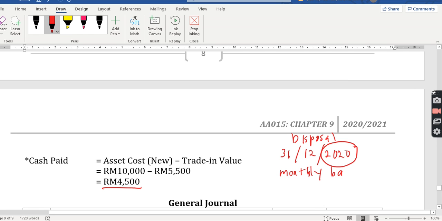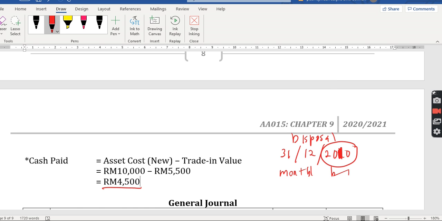So bila monthly basis, I kena update the depreciation expense until the day of the disposal. So untuk tahun 2020, there is no adjustment done. Belum buat adjusting entries lagi.